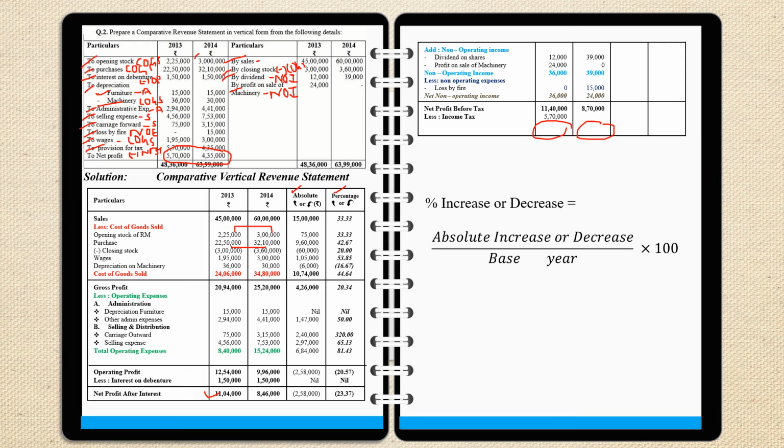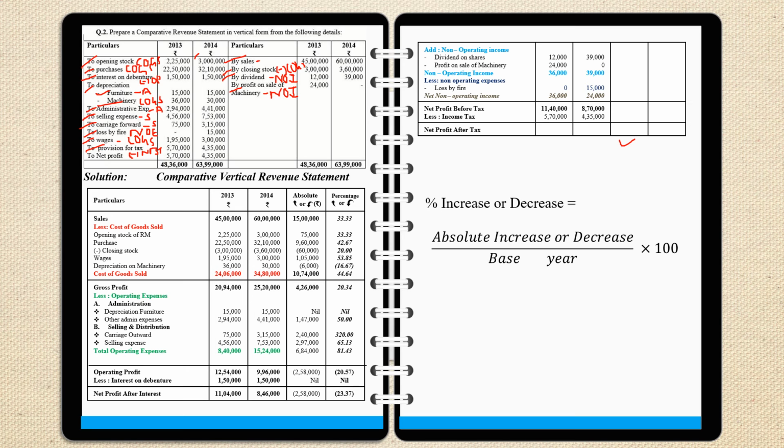Sometimes the question is asking for the analysis part, कि comparison कर लिया आपने, comparative analysis कर लिया, then you need to pass the comment कि what you have understood from this comparative analysis. So क्या समझ में आ रहा है, if you are looking carefully, we are finding that there is a decrease of profit of 1,35,000.